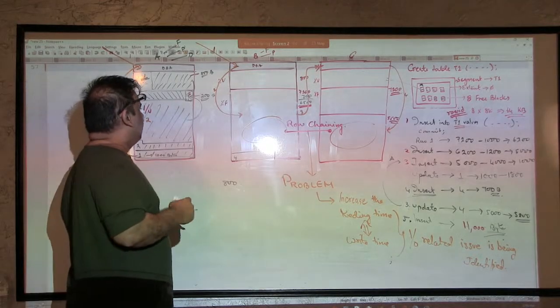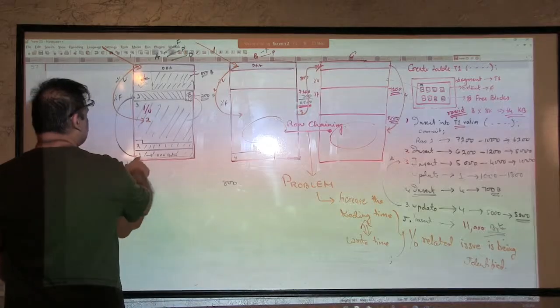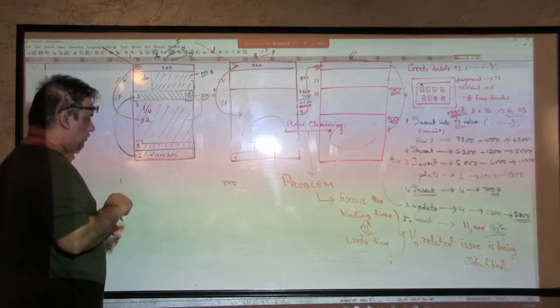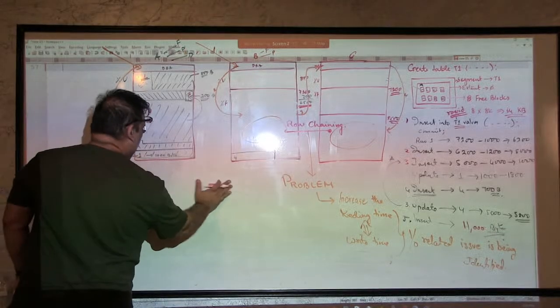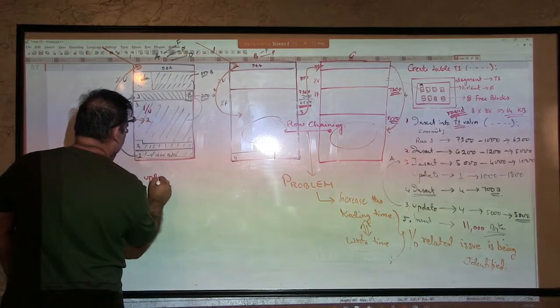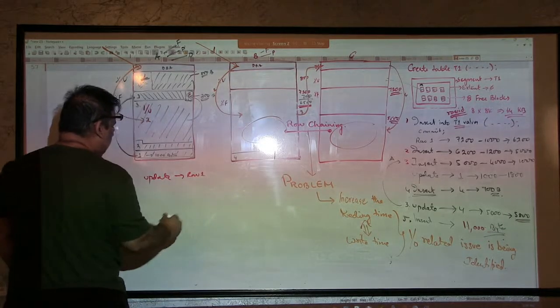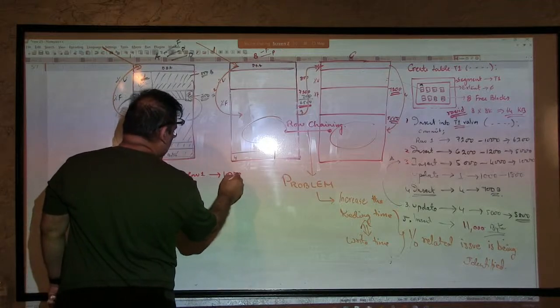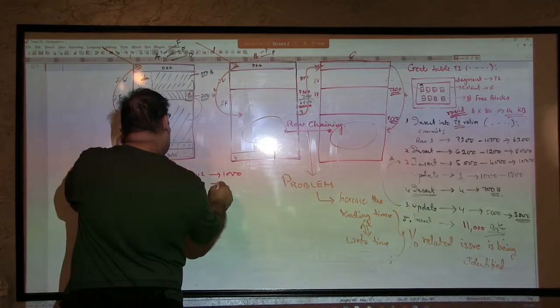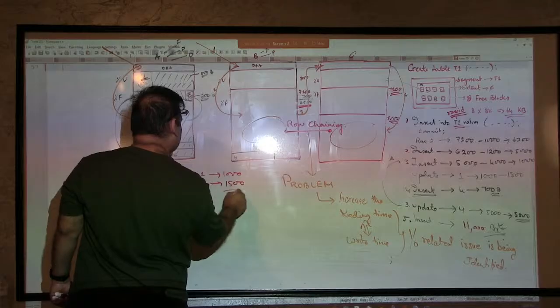But what will happen? Let's say you have 1000 bytes available here, right, for row number 1. So row number 1 says update row 1. Previously it was 1000. Now the next one is 1500.